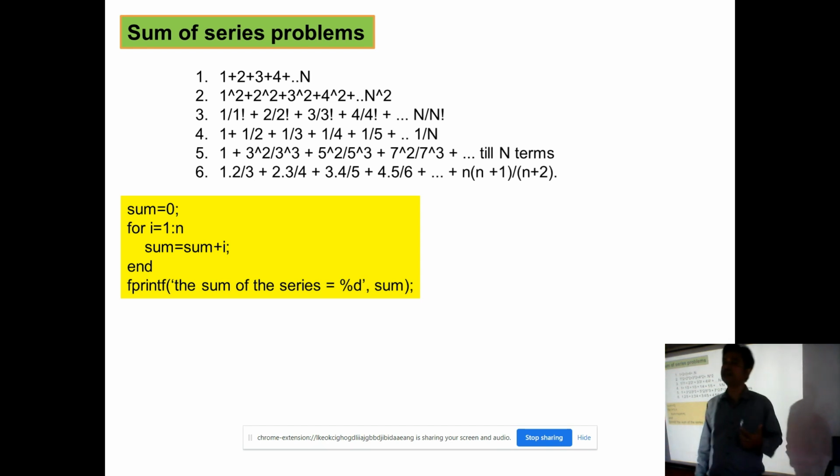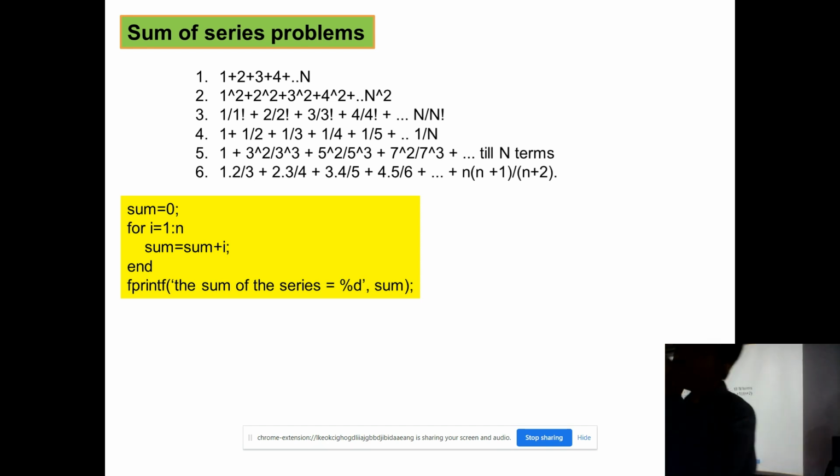Very simple. See, I want to add all the things. So keep some variable called sum. Keep some initial value as 0. Why am I keeping the initial value as 0? Because every time it has to be added. So initially if it is 0, the first number will be added. The next number will be added. So 0, if I add 1, what is the answer? 1 only.